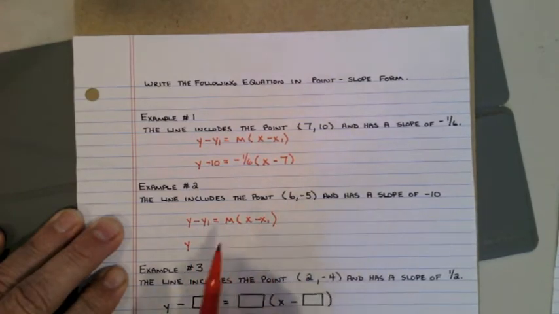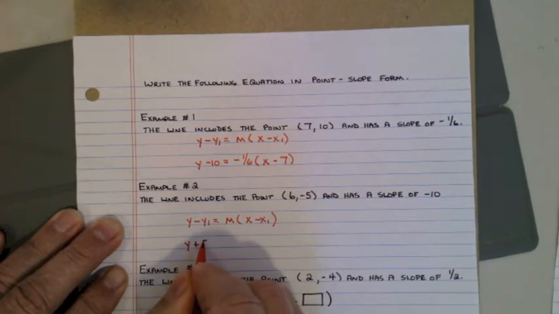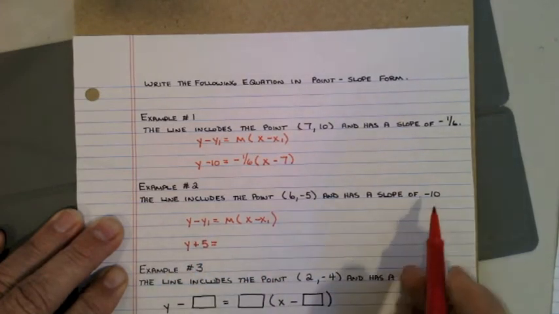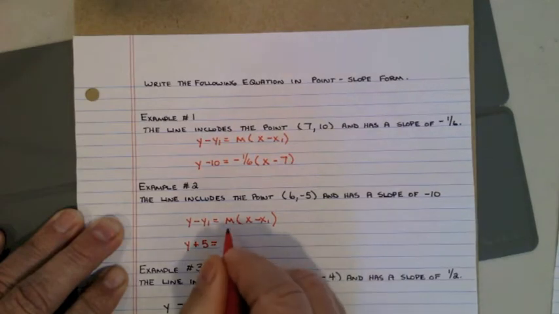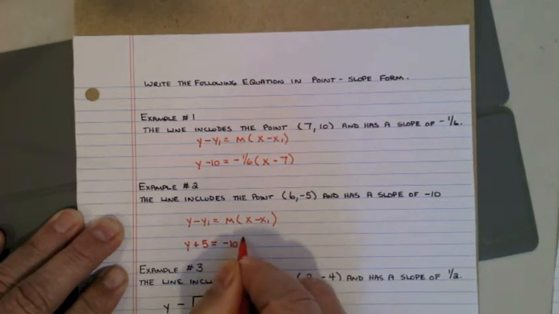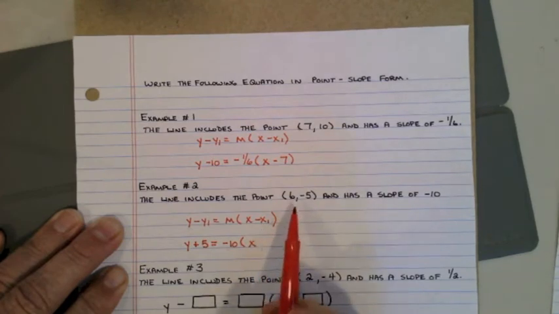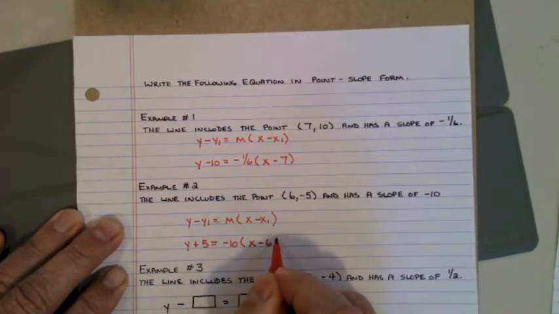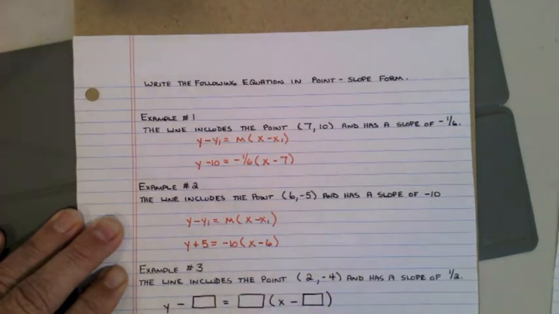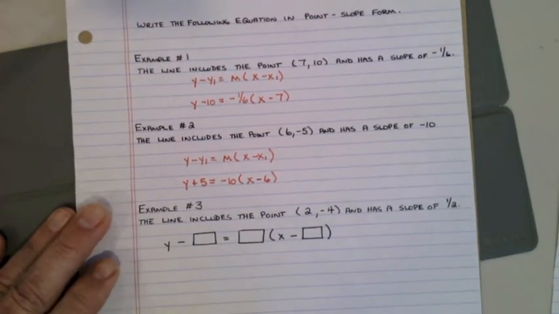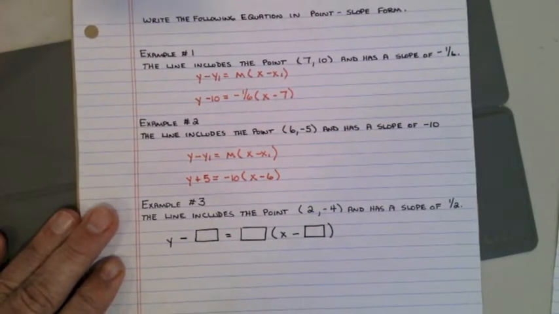The opposite of -5 is +5. Is equal to, what's my slope? My slope is -10. It goes in this spot right here. Parentheses, times, and what's the opposite of my x-coordinate? -6. This equation is now in point-slope form.